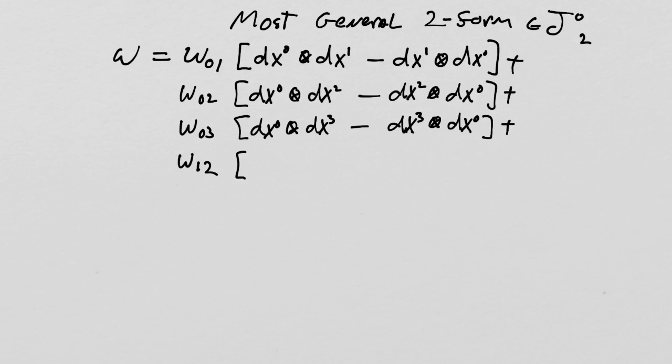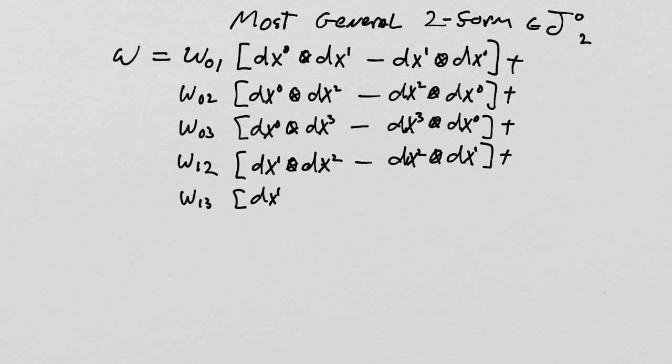So we're doing omega 1,2, and that'll be dx^1 tensor product dx^2 minus dx^2 tensor product dx^1, plus omega 1,3 dx^1 tensor product dx^3 minus dx^3 tensor product dx^1.